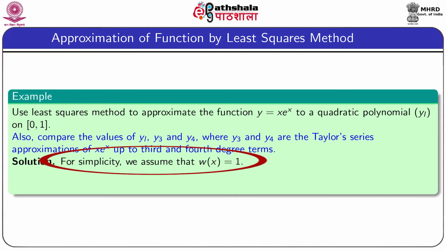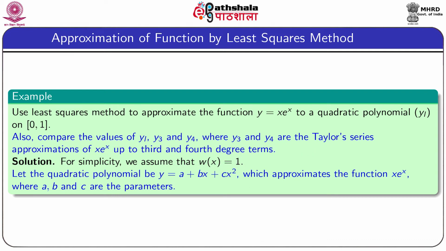For simplicity, we assume that the weight function w(x) = 1 and the quadratic polynomial is taken as y = a + bx + cx², where a, b, c are the unknown parameters, and this quadratic polynomial approximates the function x e^x.